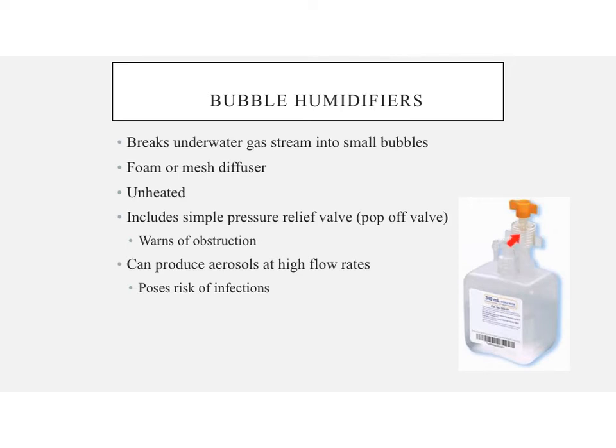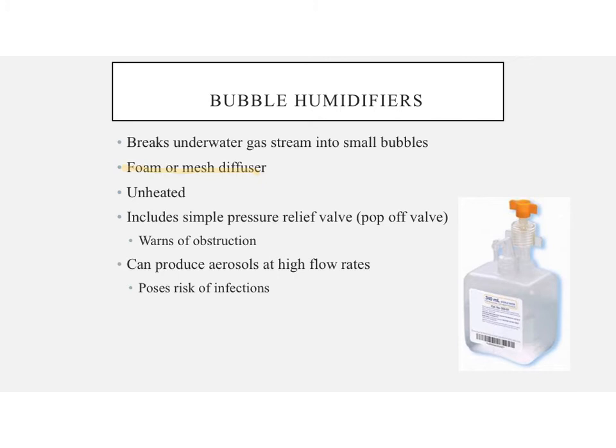And so in here in the yellow part where it hooks on the flow meter, the gas is going to have to go through a mesh diffuser. So that's allowing it to produce smaller bubbles. Bubblers are usually unheated. They can be heated, but typically in the hospital, you're going to use disposable devices.